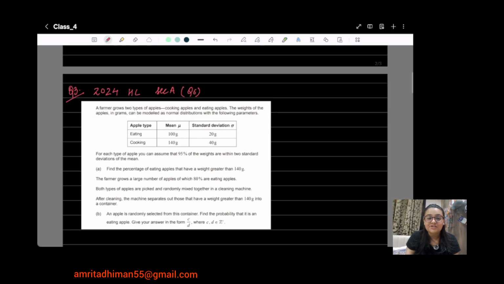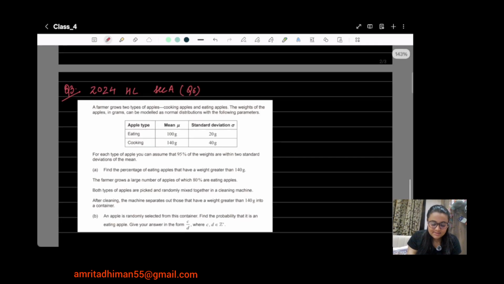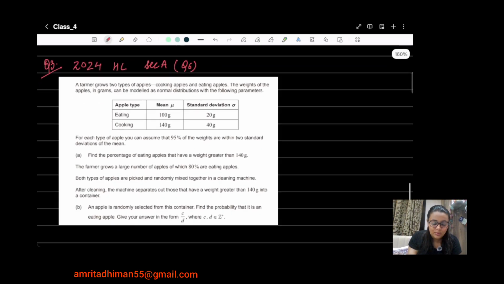Question number 3 I have taken from 2024 HL section A. This is a very good question, please see it carefully. In this, it is given that a farmer grows 2 types of apple, one is a cooking apple and one is an eating apple. The weight of the apple in grams can be modeled as a normal distribution.